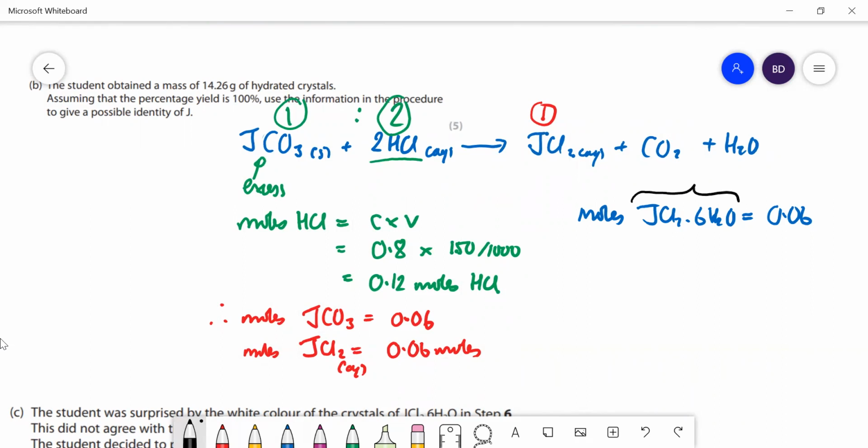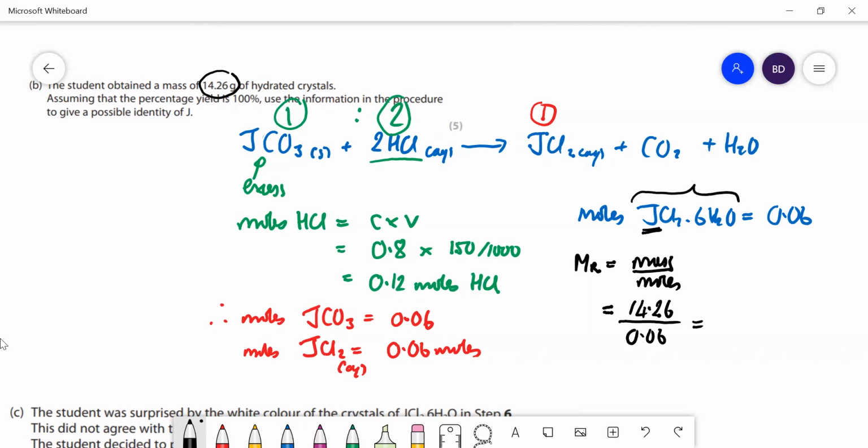Now we're going to find out the MR of this thing just like we did in the last question, because we know MR is equal to the mass divided by the moles. We know both of those. And if we can work out the MR, we can work out the identity of J by working out the atomic mass of J. So what was the mass? Well, we had 14.26 grams of hydrated crystals. This is presuming 100% yield. Divided by the moles, which was 0.06.